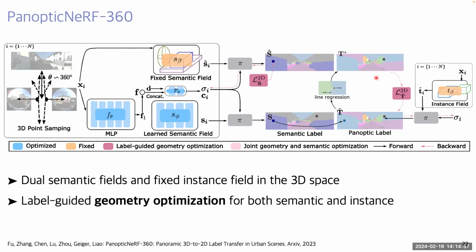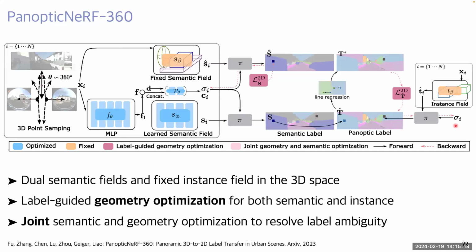And based on the initial rendered panoptic label, we apply linear regression to get this line boundary. And further, we use this to supervise the rendered panoptic labels. And this also backpropagates to the density to improve the geometry between two buildings. In that case, we can learn better geometry supervised by the semantic information.